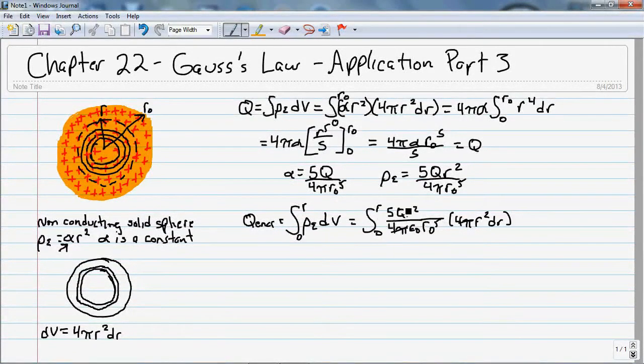So Q is going to come out because it's a constant. I put an epsilon naught in here that I didn't need to.